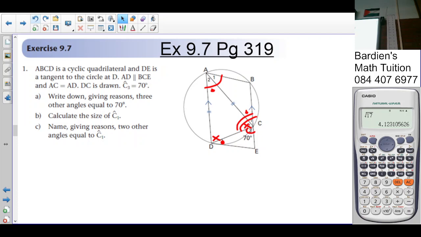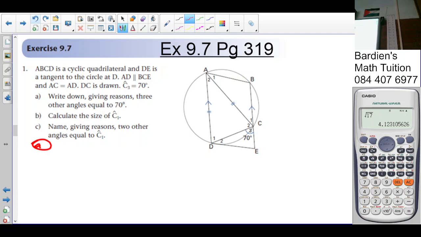That's your exterior angle of a cyclic quad. D1 is 70, why? Alternate, yeah. You guys said something else. You said alternate. Yes, my ears are at 9 too. You're absolutely correct. I didn't hear it, okay?